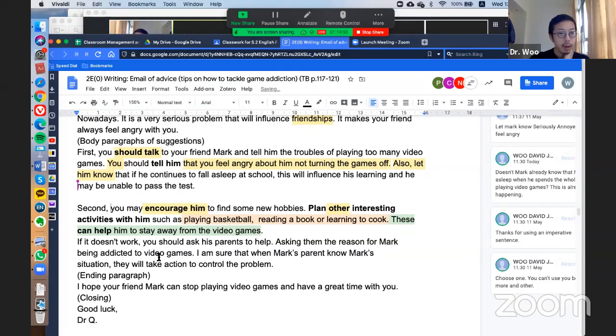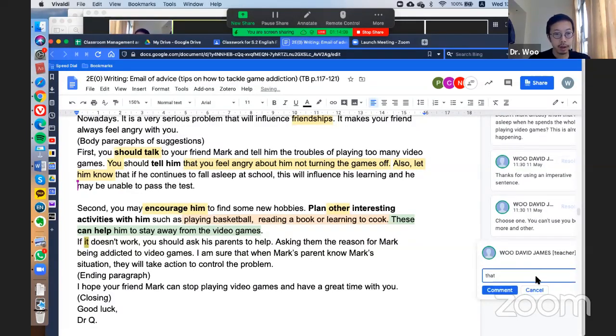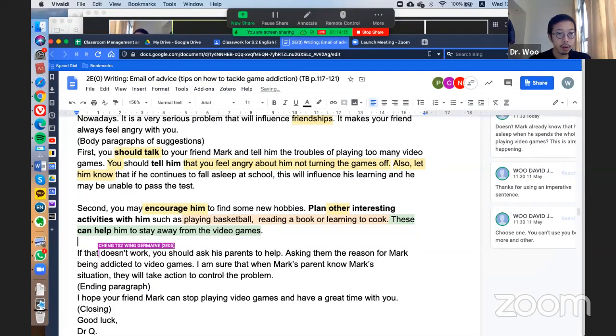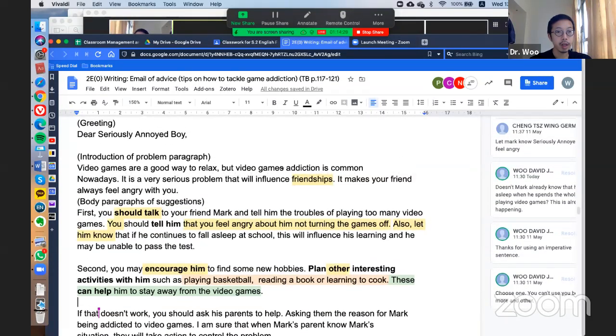Nice. If that doesn't work, you should ask his parents to help. And again, this is a third body paragraph. I'm sure when Mark's parents know Mark's situation, they will take action to control the problem. Okay, great. That's great, Jermaine. Nice job.